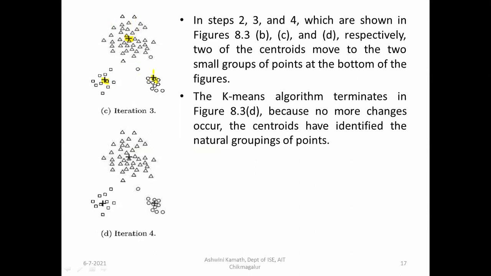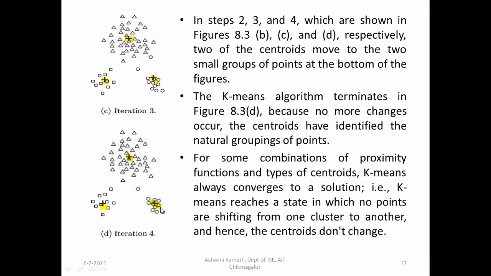The points which are near to the centroids are merged together, and it terminates at the 4th step, 8.3D, because no more changes occur. This is the center of this cluster, this is the center of this cluster, and this is the center of the third cluster. I hope you're getting it. So 3 clusters are created here.